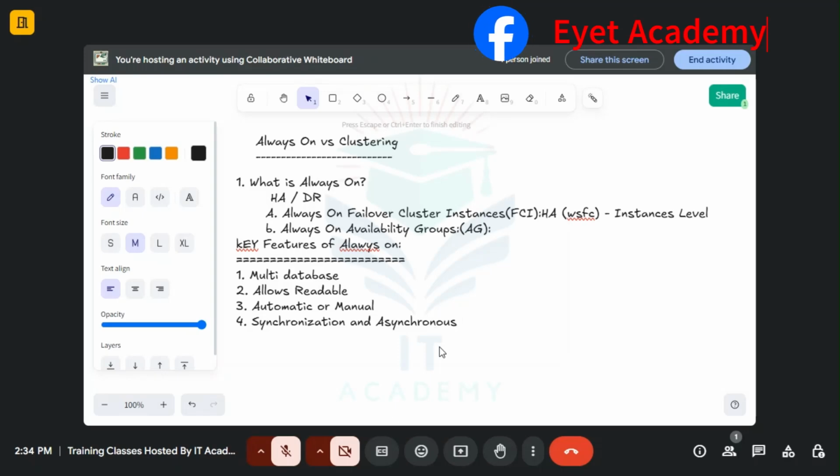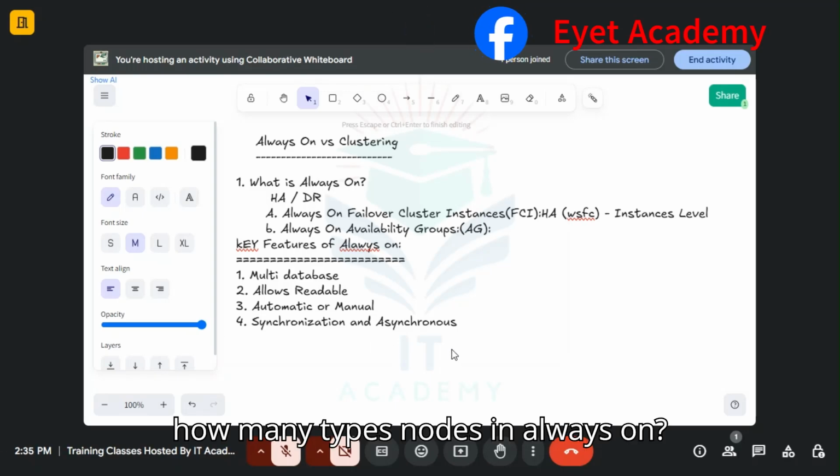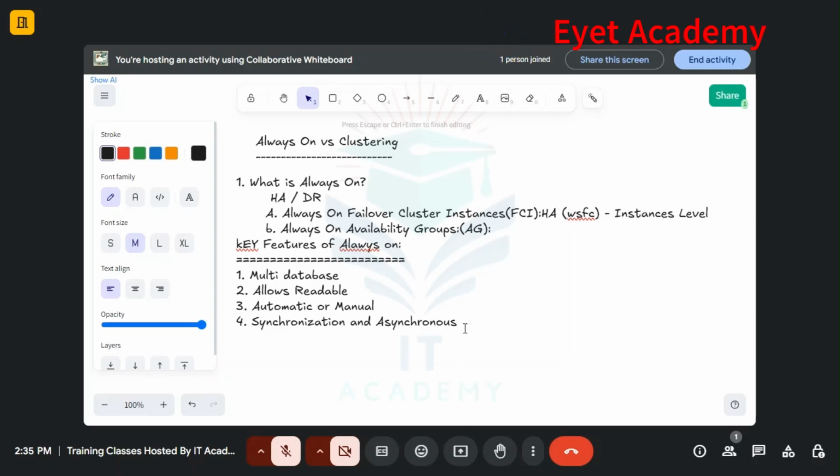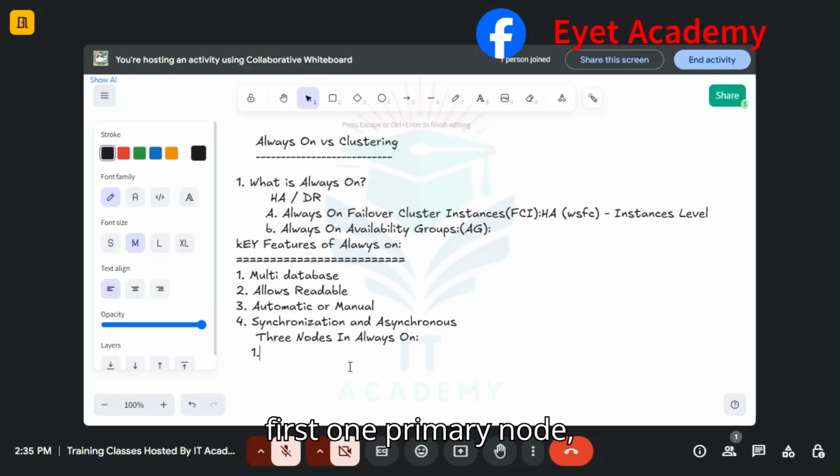Next, how many types of nodes are there in Always On? Three types. In Always On, the three nodes typically refer to, first one, the primary node.